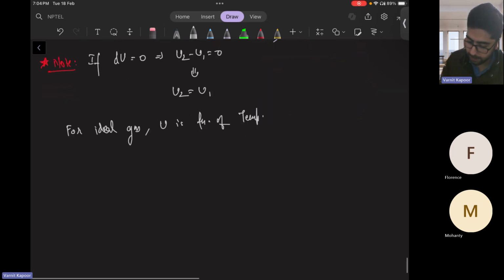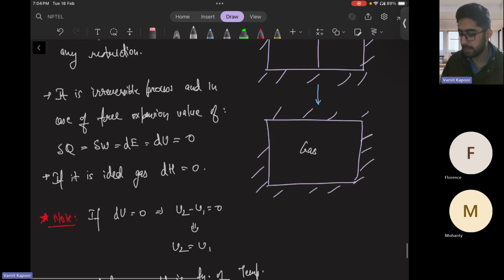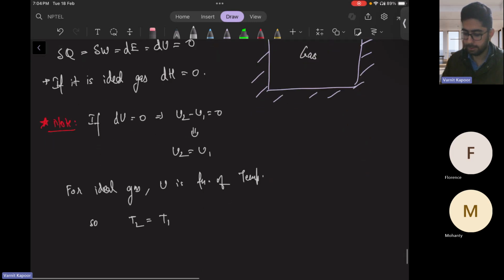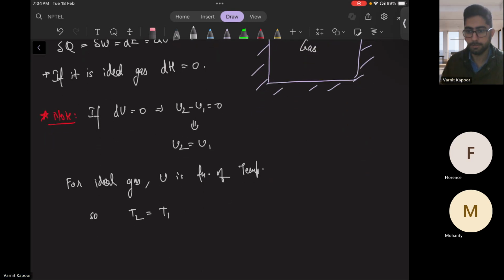So can we say that T2 is equal to T1, since mCvT2 is equal to mCvT1? So T2 is equal to T1. But does it mean that it's an isothermal process? Can we say that free expansion is an isothermal process?